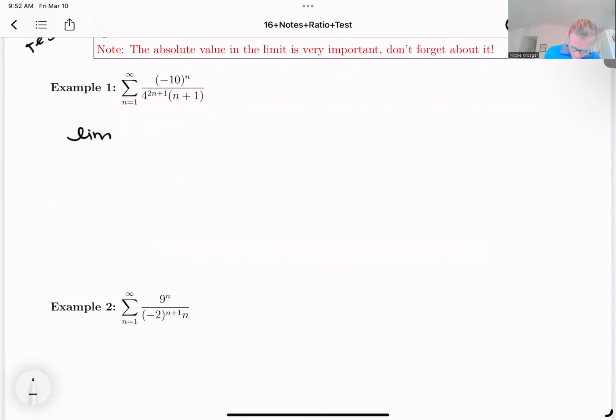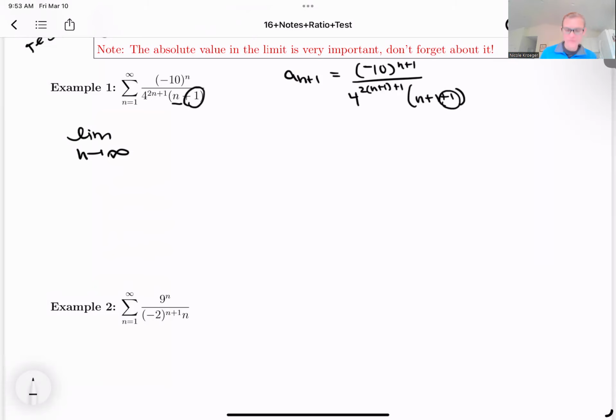So let's look at the limit as n approaches infinity. We need the n plus 1 term, which means I need to replace all the n's with n plus 1. So our n plus 1 term here is going to be negative 10 to the n plus 1 over 4 to the 2 times n plus 1 times n plus 1 plus 1. So that extra plus 1 is coming from there.